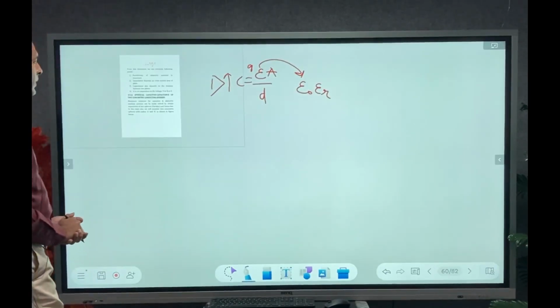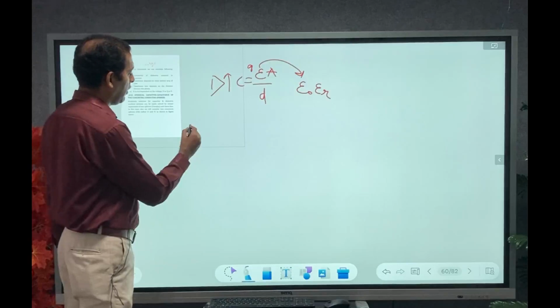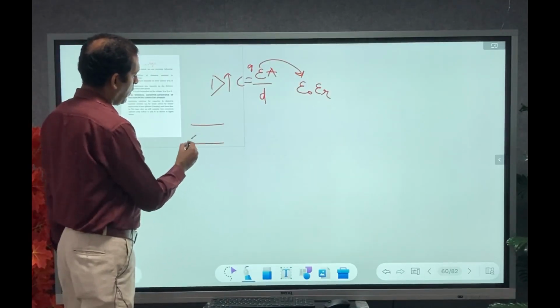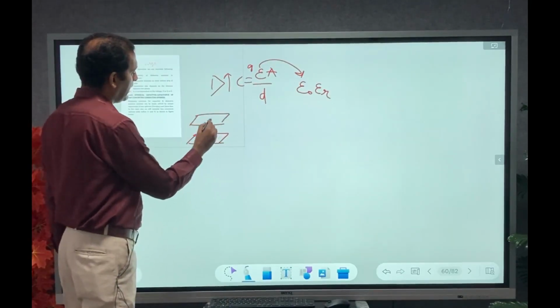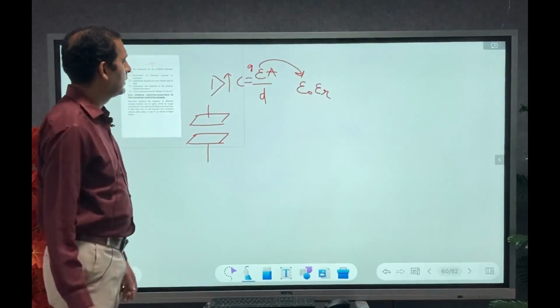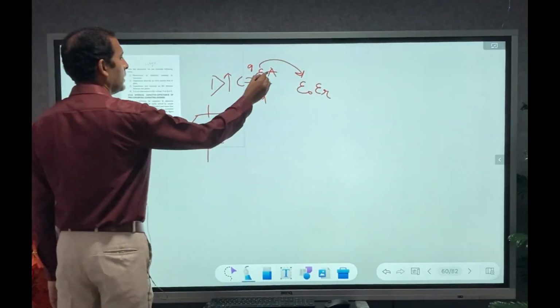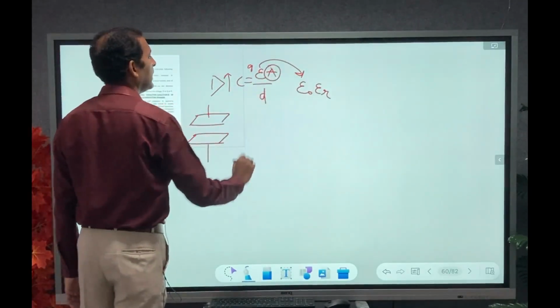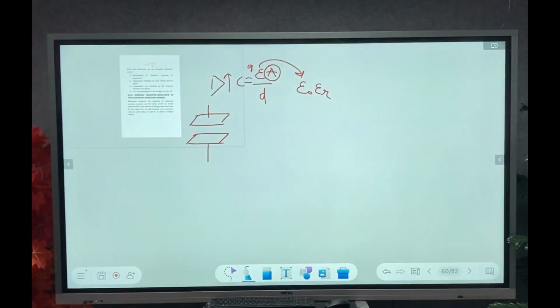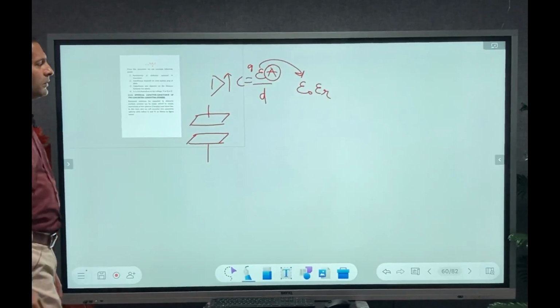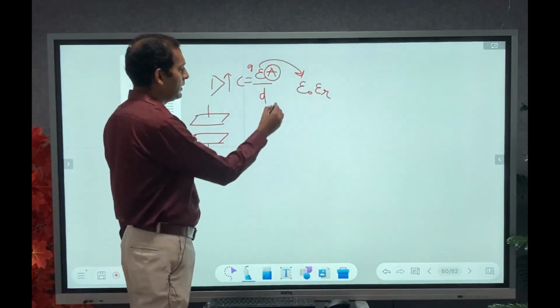Then capacitance depends on the cross sectional area of the plate. How wide these plates are, that is also important, directly proportional to the area. Then capacitance also depends on the distance between the two plates. What is D?